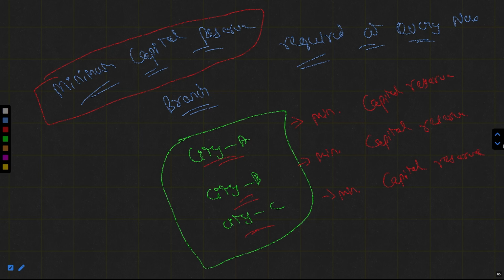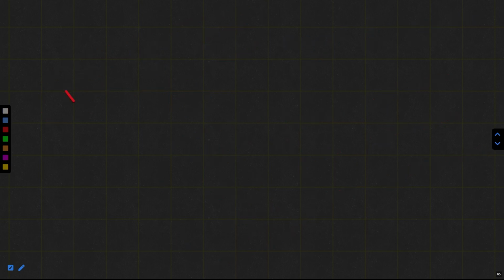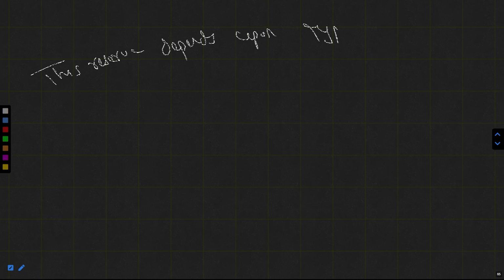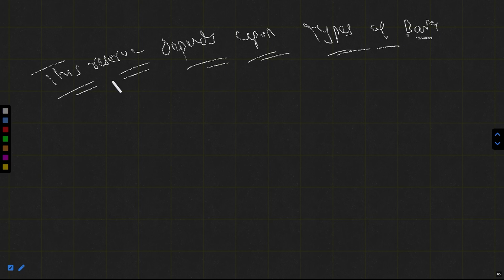Okay, and basically this reserve depends upon the types of banks. It means that the criteria for minimum capital reserve is not the same for all banks. Why?